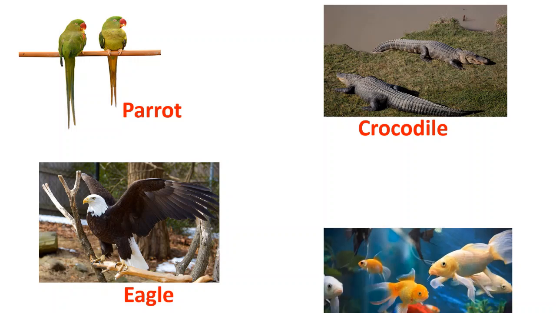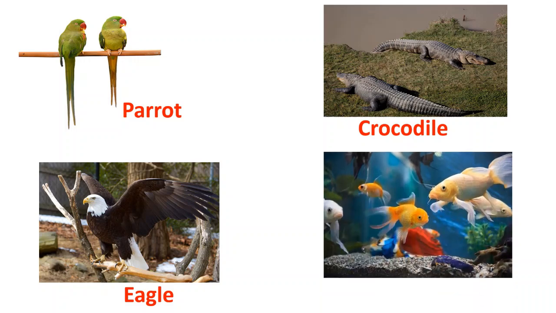Very good. And this one? Yes, fish. Children, did you see? There were so many animals, right? Did you observe all those animals? Do they all look the same? No, right? We could see some differences among those animals.